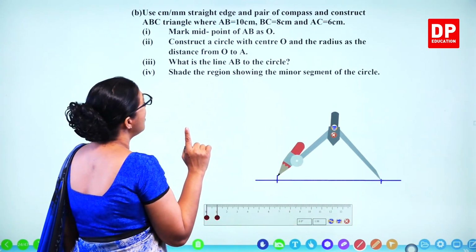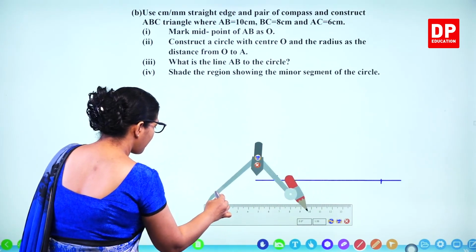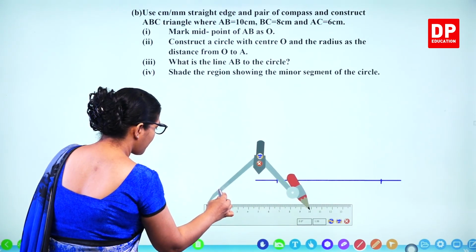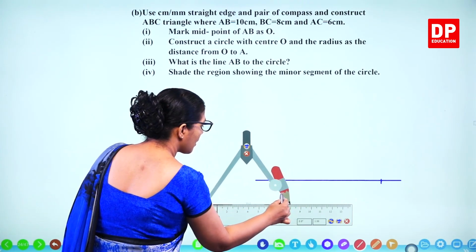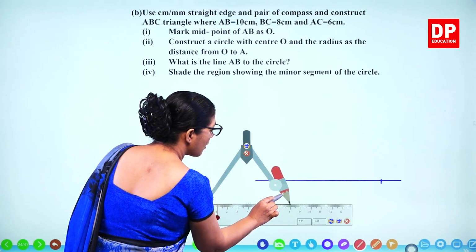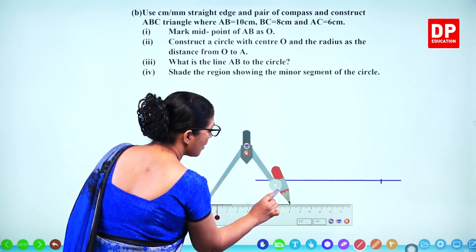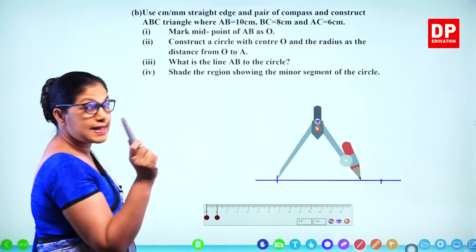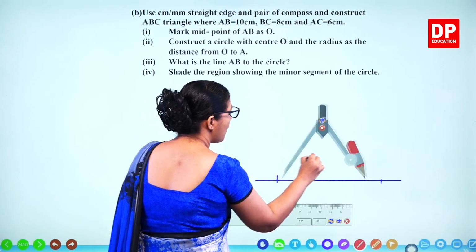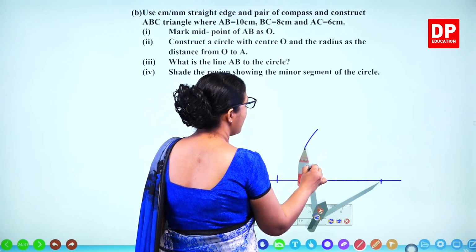And we can keep on top of the line and then you can mark it. And then BC 8 centimeters. Eight centimeter length. And BC, so here if it's AB, you have to keep it here. BC is 8, so you can draw an arc here.